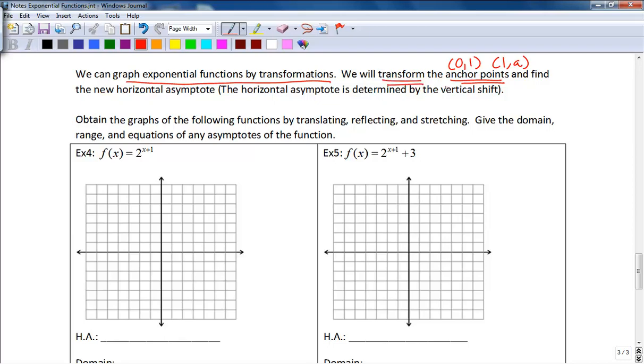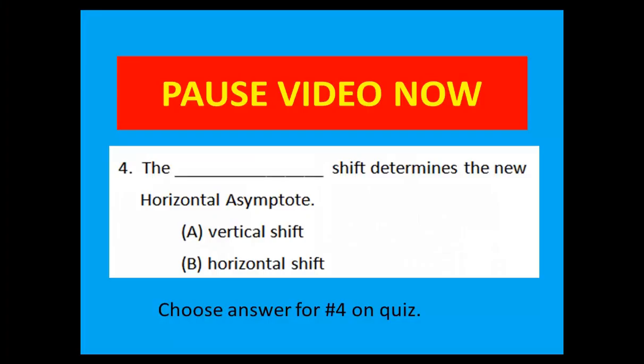We're going to move these points with our vertical shift and our horizontal shift and our reflections. And we're also going to find a new horizontal asymptote. Once we know those 2 points and that horizontal asymptote, we can graph any exponential function. Please note, the horizontal asymptote is determined by the vertical shift. So whatever my vertical shift is, that is my new horizontal asymptote.